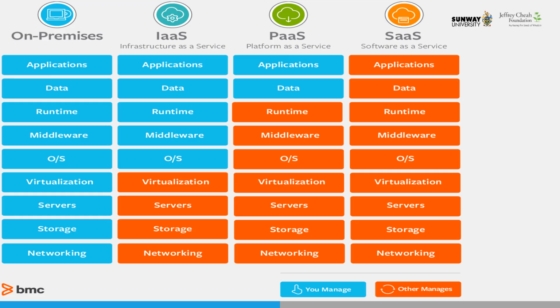Now we are comparing IaaS, PaaS, and SaaS. These were famous terminologies, and this is how they work. If you are talking about the application, data, runtime, and OS, virtualization, server, this is the comparison of how it looks. Most of the systems have virtualization, but sometimes we face some challenges.